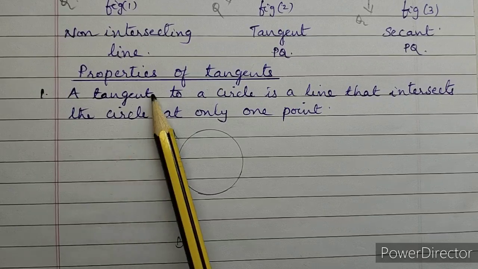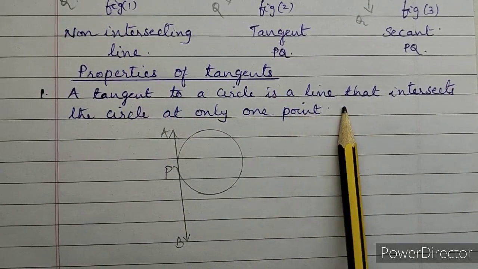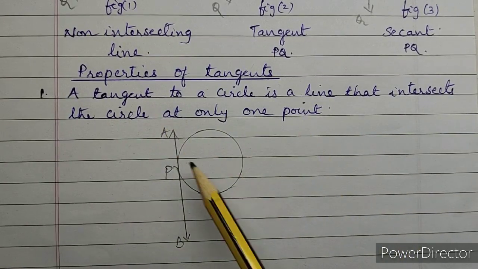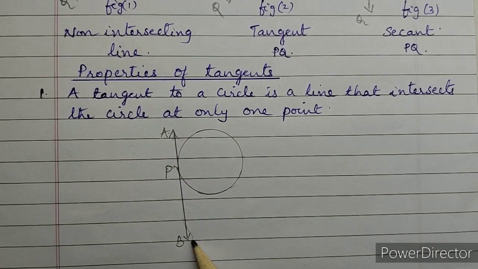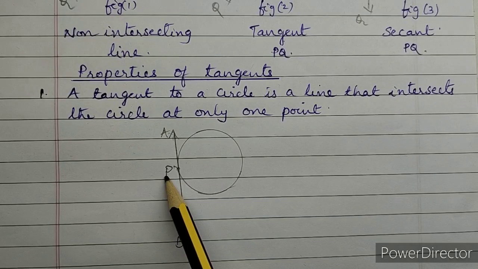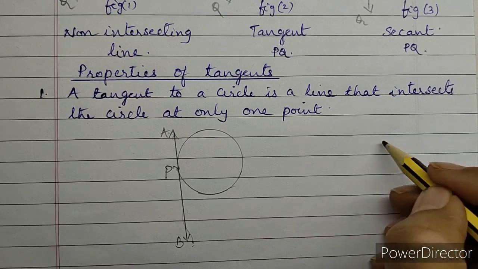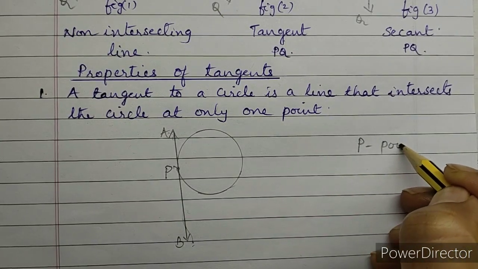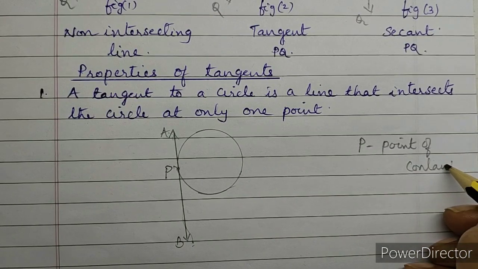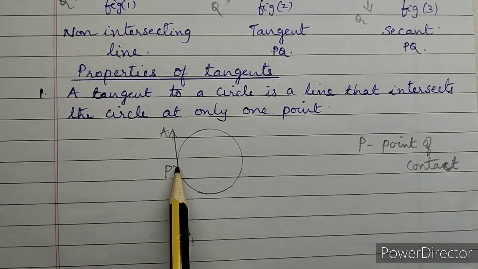So first property of the tangent: a tangent to a circle is a line that intersects the circle at only one point. See, I have drawn one tangent, tangent AB, and the point where it is touching, I have marked as P. This point we will call the point of contact.